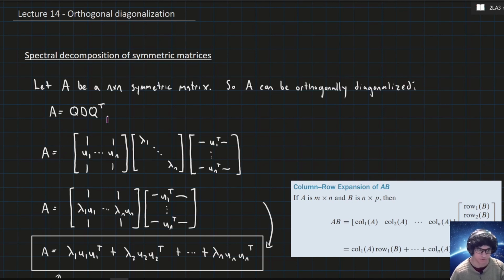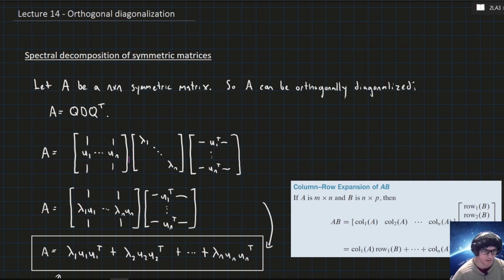It looks like this. We can write Q like this: its columns are orthonormal eigenvectors of A. Then we have its eigenvalues on the diagonal here. And then Q transpose is just its orthonormal eigenvectors, but now they're rows instead of columns. So just multiply this out and see if we get something.